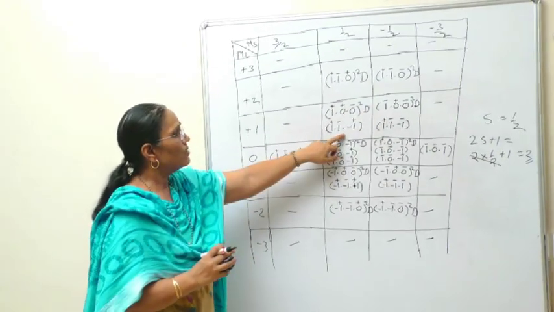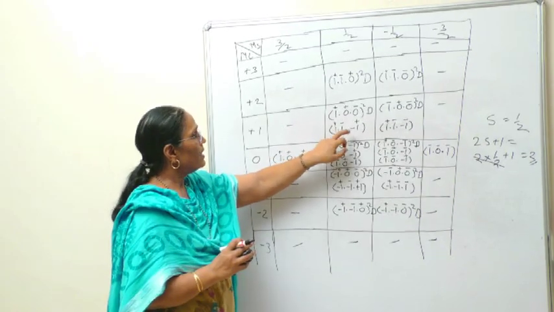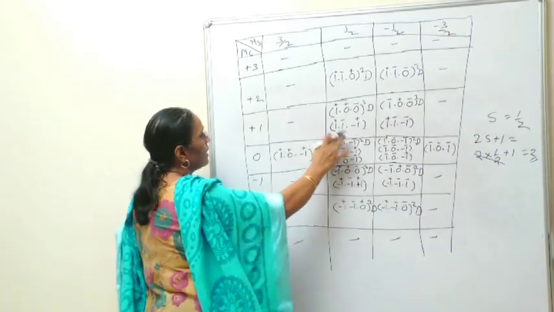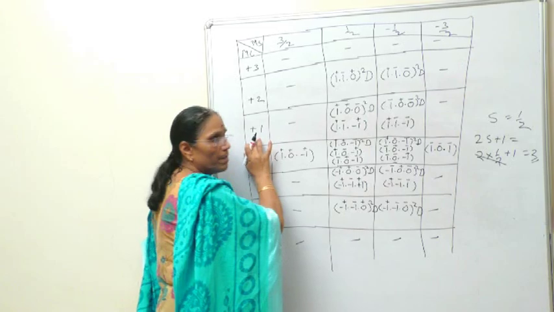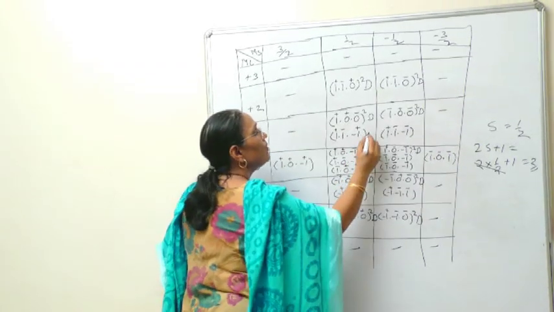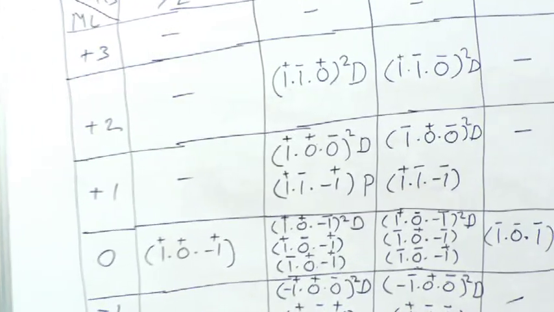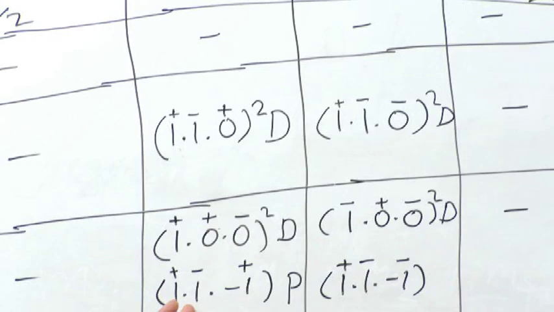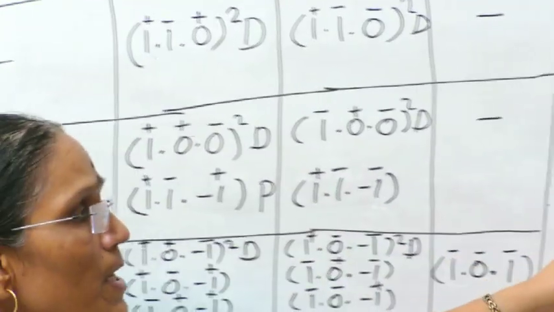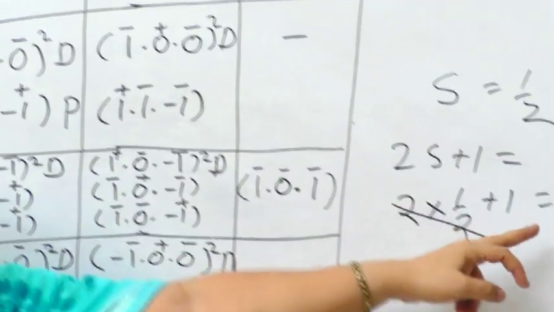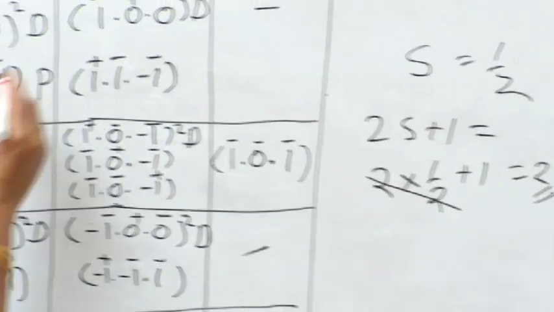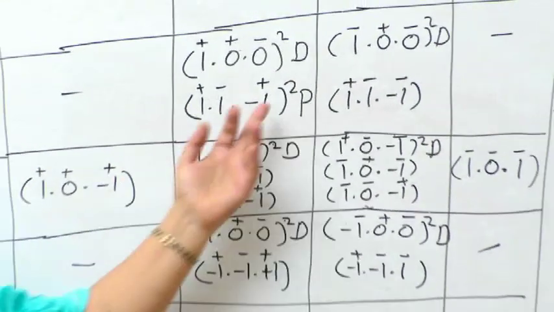So the next microstate to be assigned is this one. For this microstate, the total ML value is plus 1, and therefore the term symbol is capital P. For this term again the total spin is plus 1/2, so the multiplicity comes to be 2, therefore it is a doublet P term.